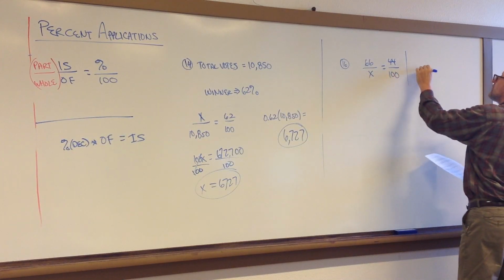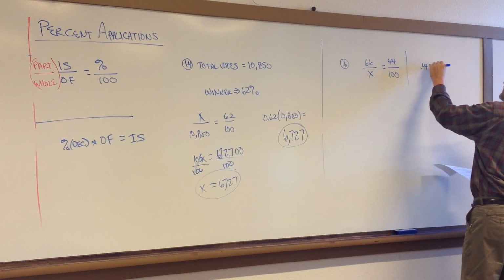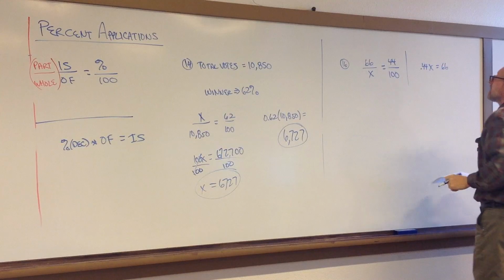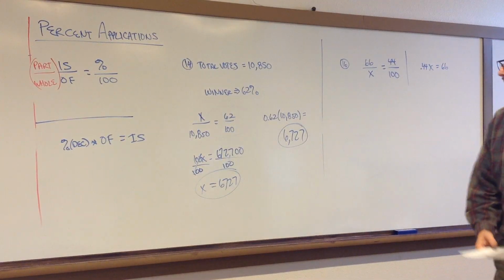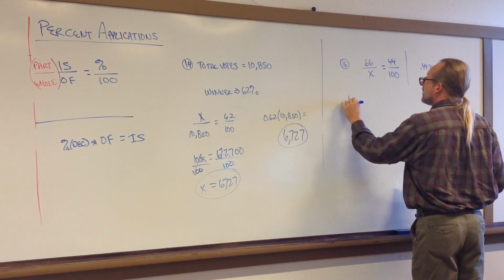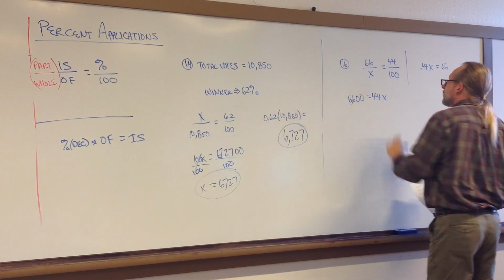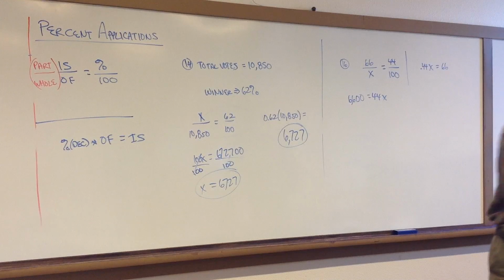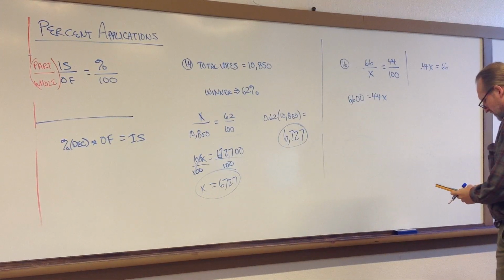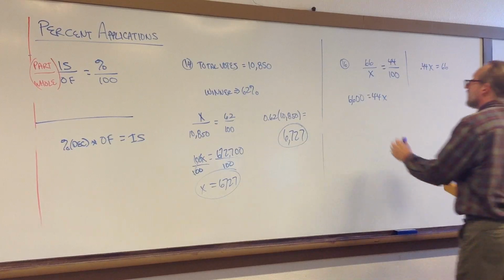And again, you can set this up like this, 0.44x equals 66. Here, if we cross multiply, we get 66 times 100 equals 44x. And so then if we divide on both sides, we get 150.